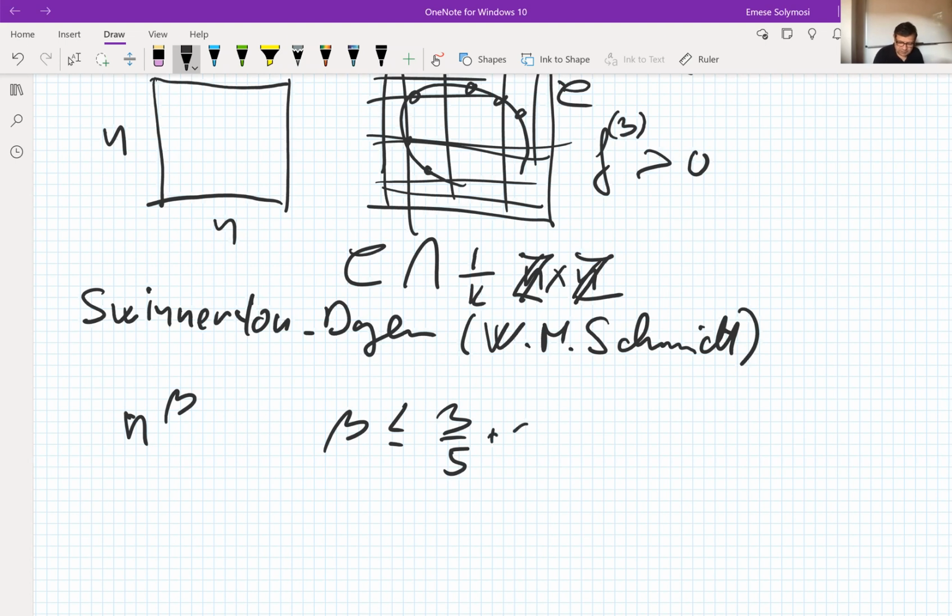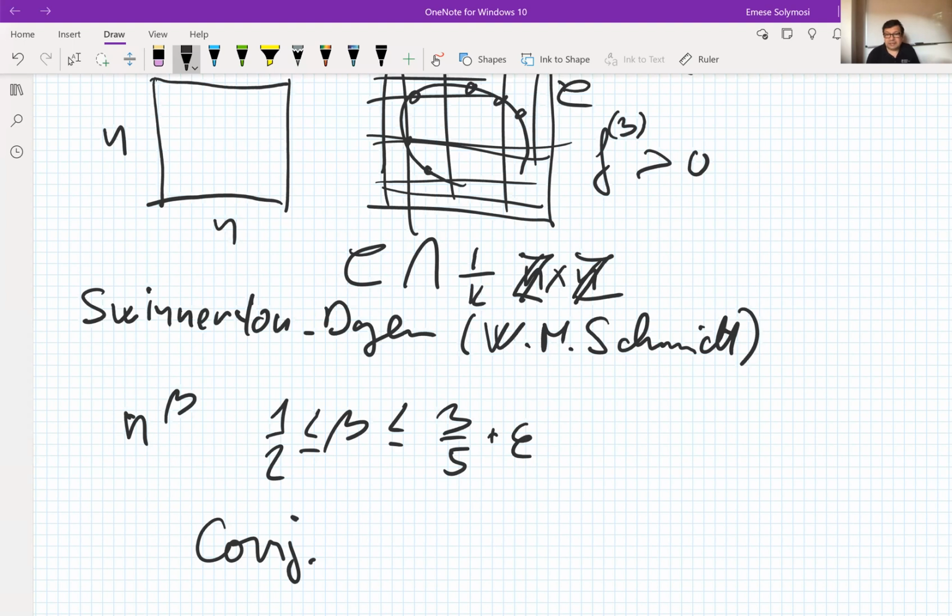Well, I should say plus epsilon, but this is better than what we had, 2/3. And of course larger than 1/2, because Pavel's construction, the parabola, still works here. And this is the conjecture that the truth is here.